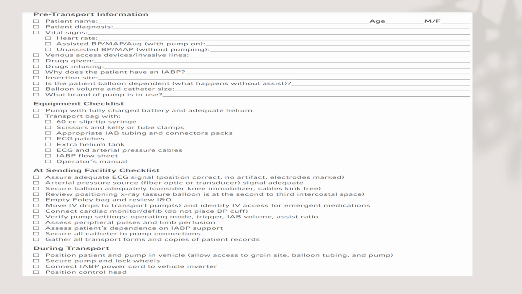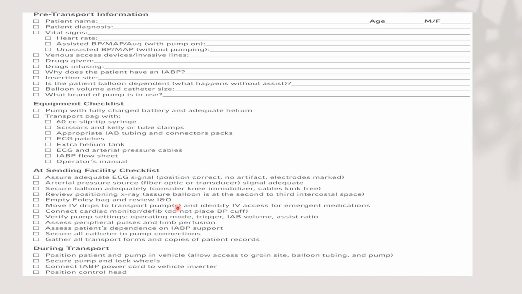Here is an example of a pre-transport checklist for the intra-aortic balloon pump. Pre-transport information: the patient name, vascular access, vital signs, and the drugs, the site of insertion, its place, the balloon size and catheter, the equipment checklist as we mentioned, and the intra-aortic balloon pump bag transporting list.